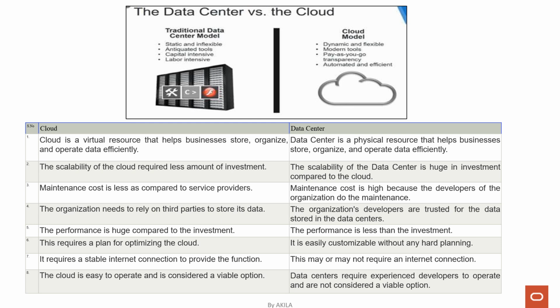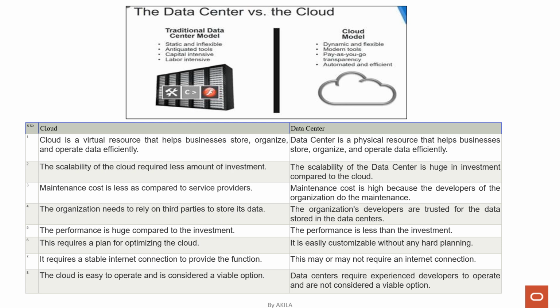Now we may know that cloud is a kind of catchy word. Another one is the data center. What is the difference between these two, we are going to learn. A data center is a traditional model of how static data is stored, which is used for our data storage.